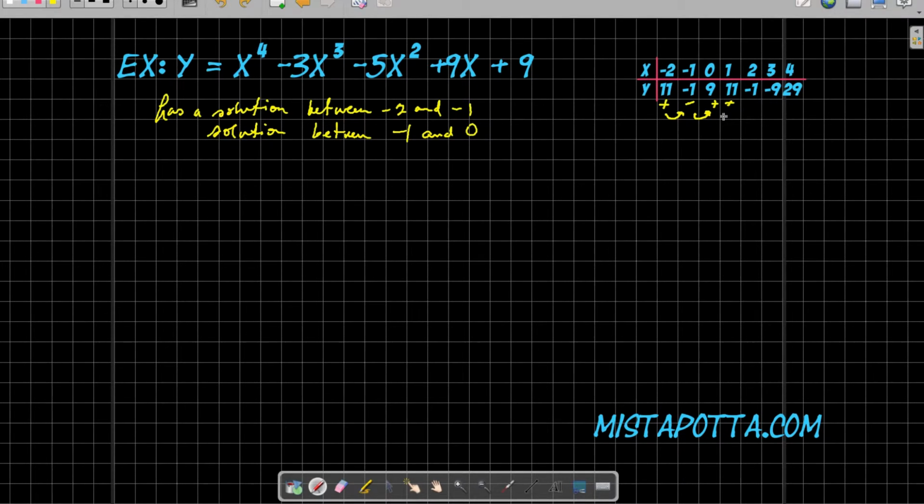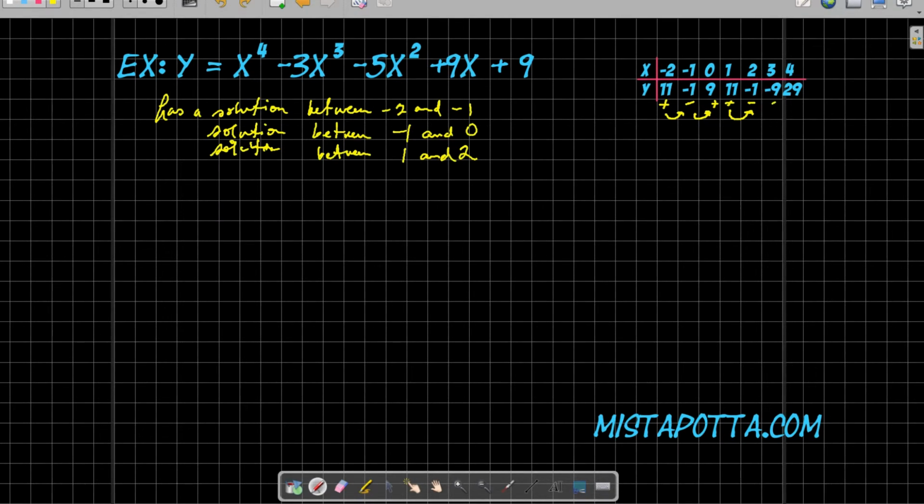I don't know enough for sure to say absolutely, yes, I've got a 0 between those. But I do know that between 11 and -1, those are a change in sign. So somewhere between 1 and 2, I had to have hit 0. So a solution between x equals 1 and x equals 2.